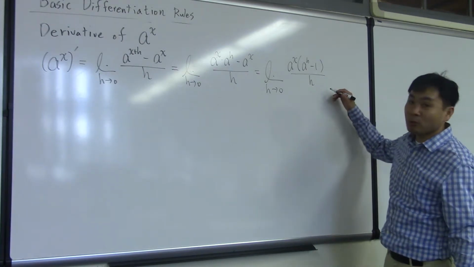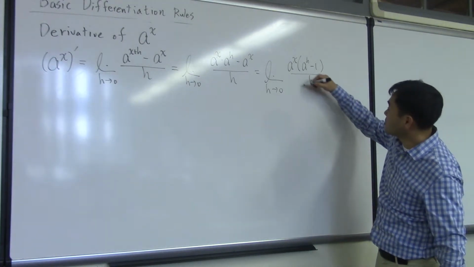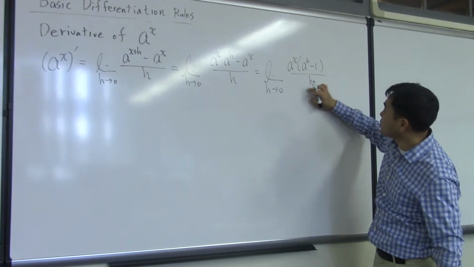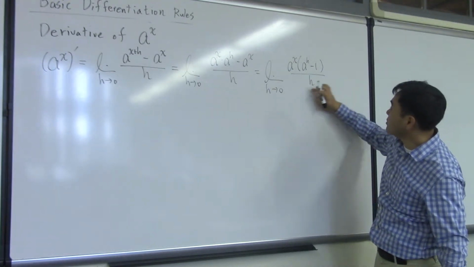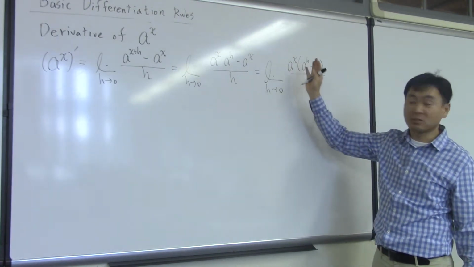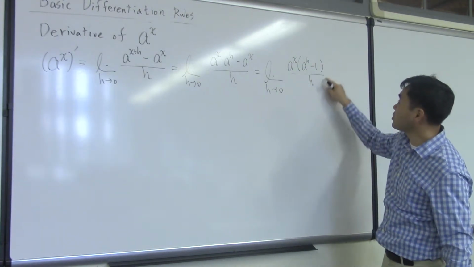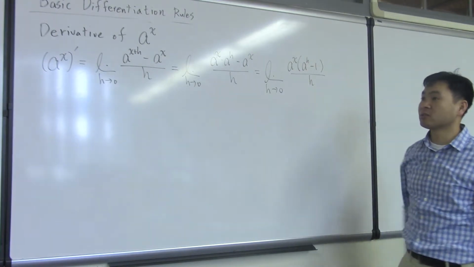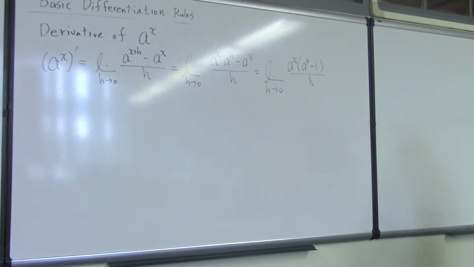What's remaining for us to know is what is this thing? See, a to the x is just some constant multiple that's fixed, right? What we need to know is what happens to this second part.